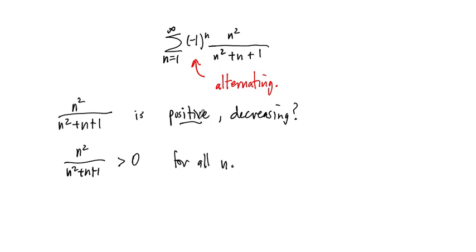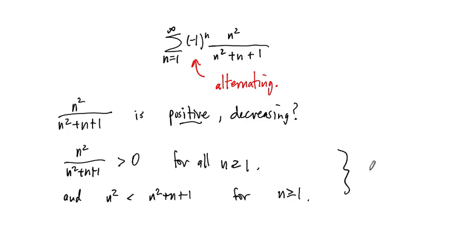Alright, so we've got positive, and it's decreasing because as n increases, n squared plus n plus 1 is always larger than n squared, again for n greater than or equal to 1. And so these are the criteria that tell us that we are allowed to use the alternating series test.